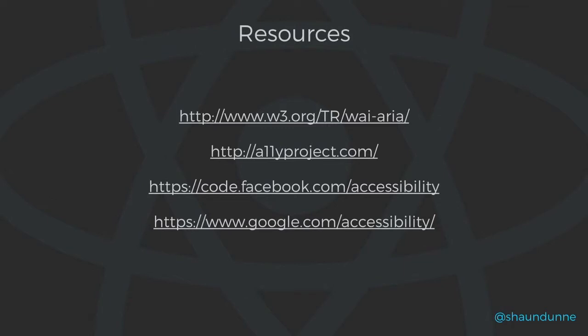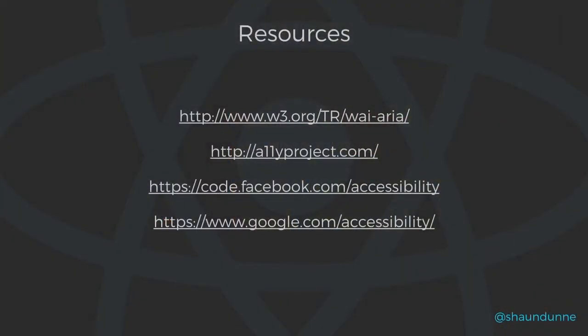In terms of resources, the W3.org ARIA specs are interesting, but not Hunger Games interesting. But they're definitely worth referencing, and you just get used to looking for certain types of roles and things like that.